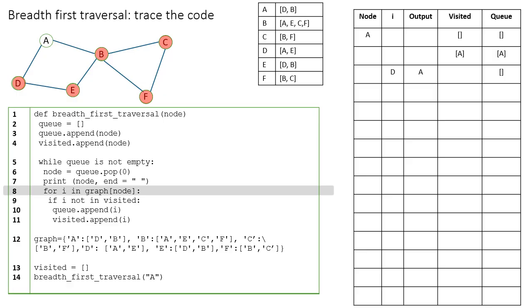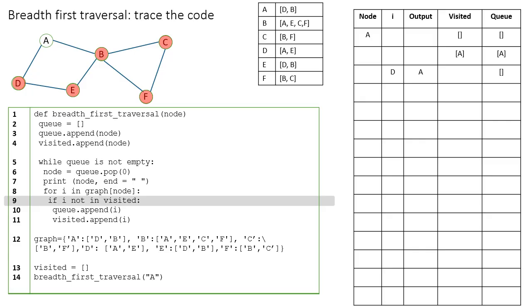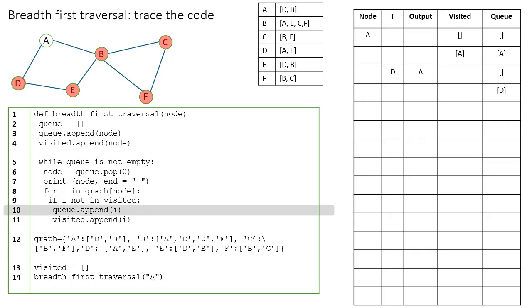So visiting D first, we check to see if we have visited D, which we haven't. So we're now going to add D to our queue and add D to our visited list.